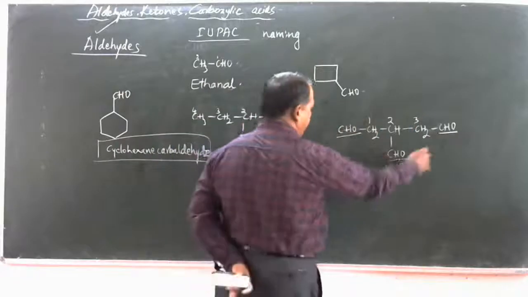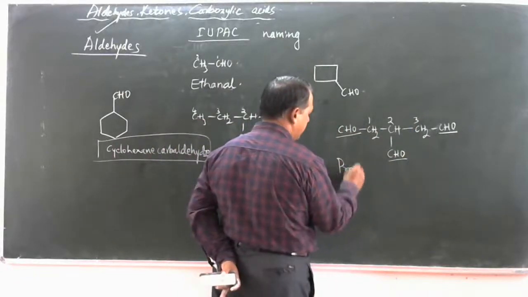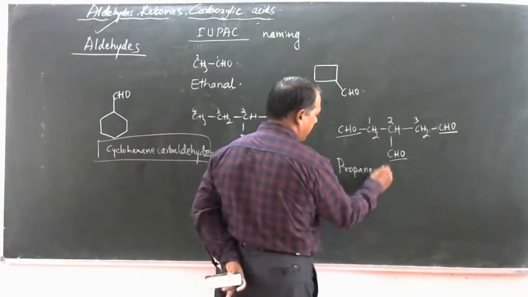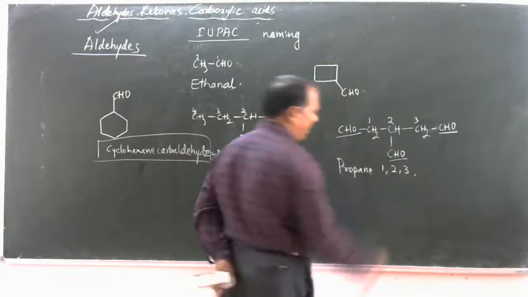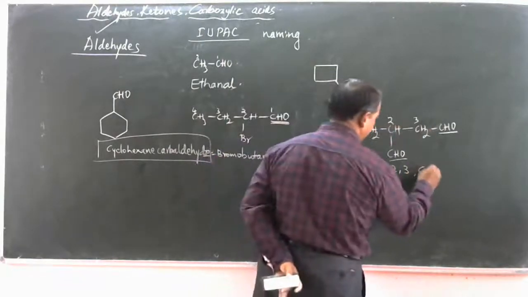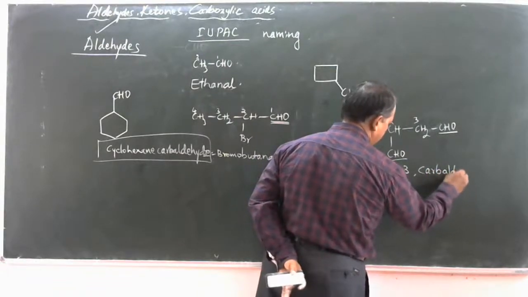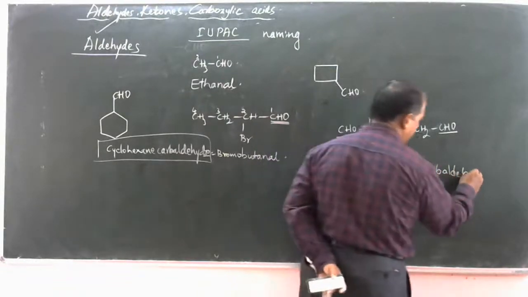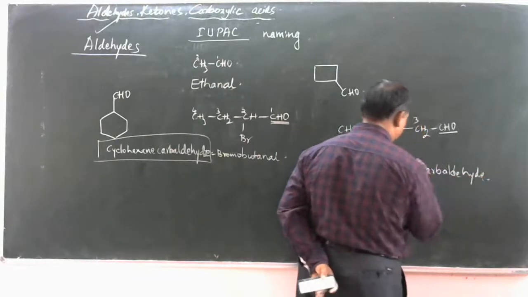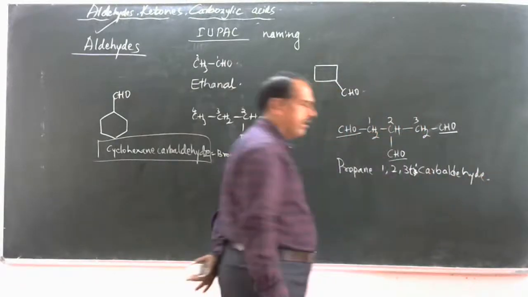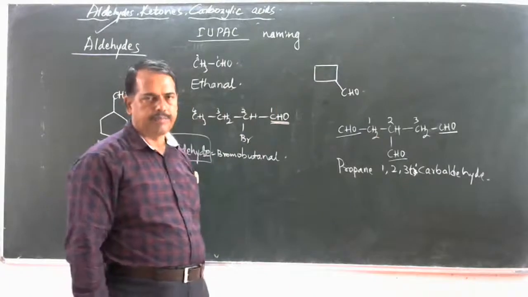Therefore, its IUPAC name is propane 1, 2, 3-tricarbaldehyde. How many carbaldehydes are there? 3, right? Are you clear?